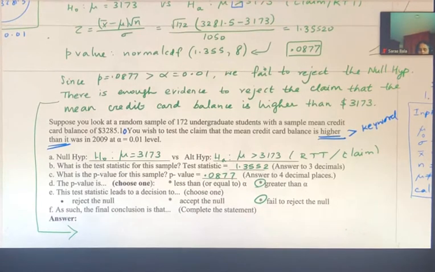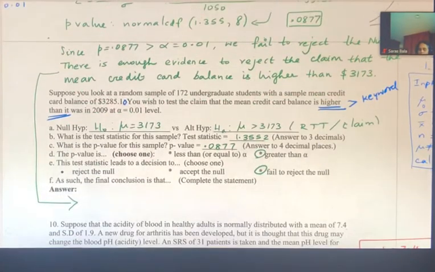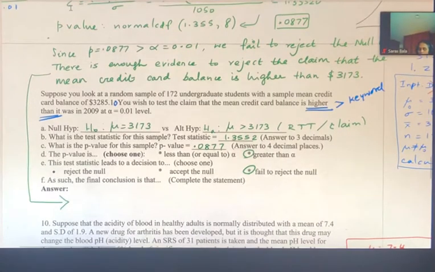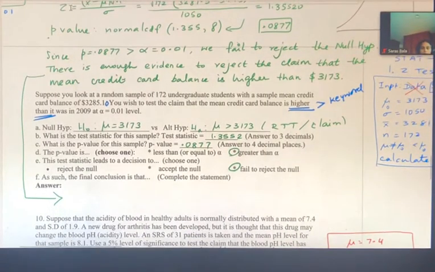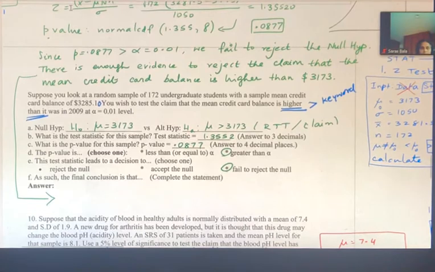So you're going to have the null versus alternative, and your sample mean 3285.1 is about 1.35 standard deviations above the center, and your p-value is going to be 0.0877, and it is greater than alpha, so you are going to fail to reject.